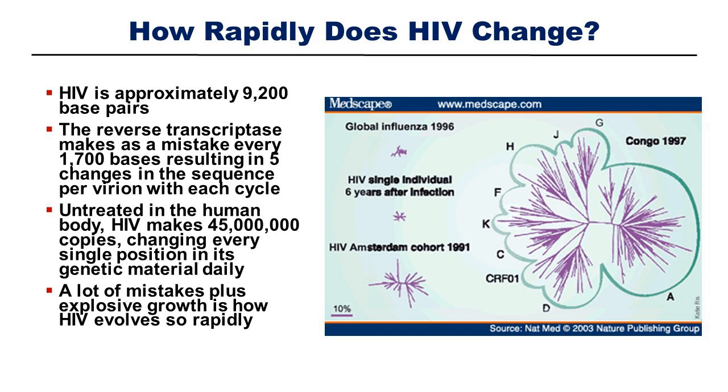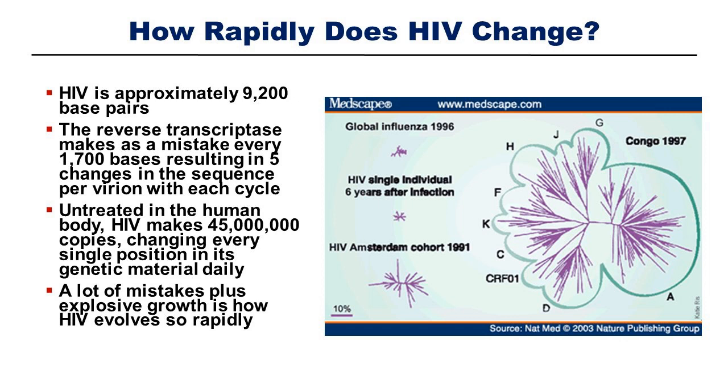The critical enzyme that helps make copies of HIV is called reverse transcriptase, and it is what we refer to as an error-prone enzyme. It makes a mistake every 1,700 bases, resulting in approximately 5 changes in the sequence each time a copy of a virion is being made.